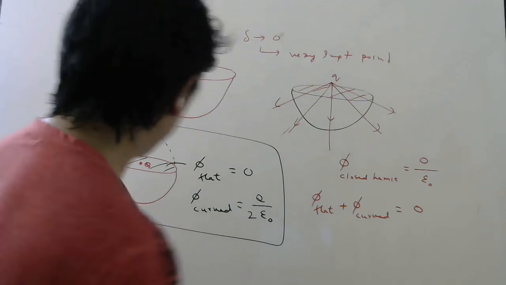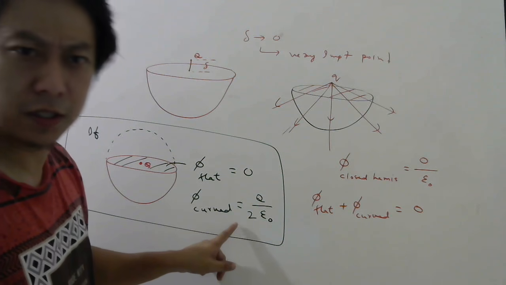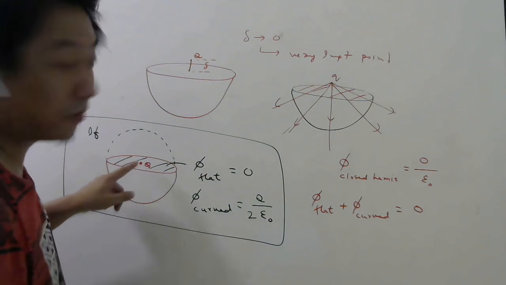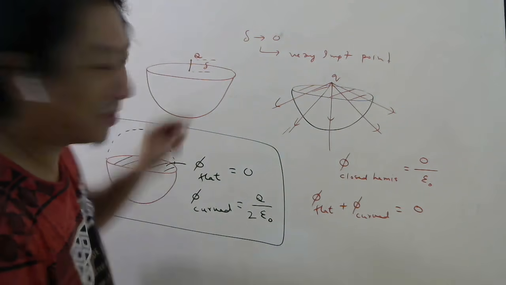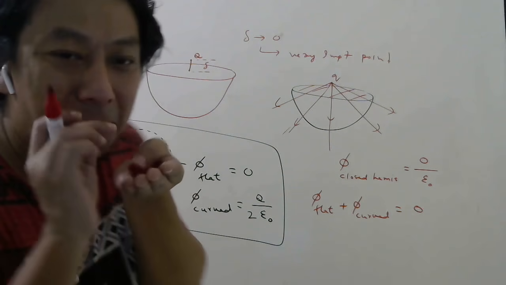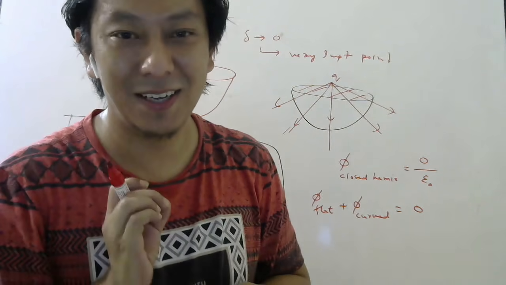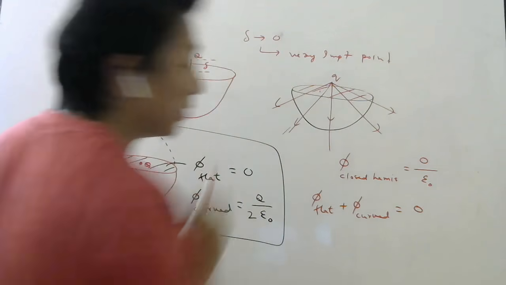Now, flux through the curved surface will be this only. You will say, sir, how can you say this? This is only true if the charge is kept on the surface. But they told us this delta is almost 0, meaning this charge is almost on the surface but slightly outside, which means the flux through this surface will not be 0.